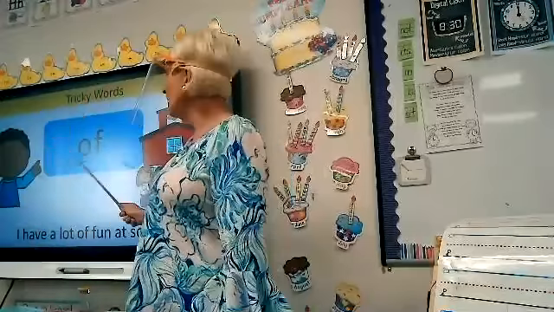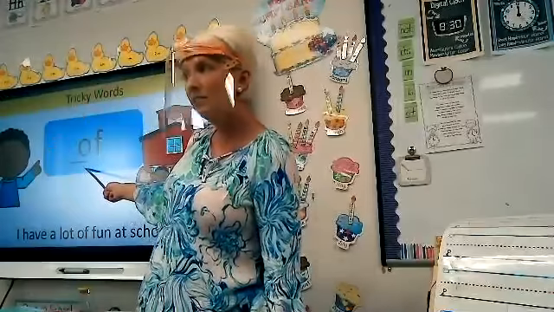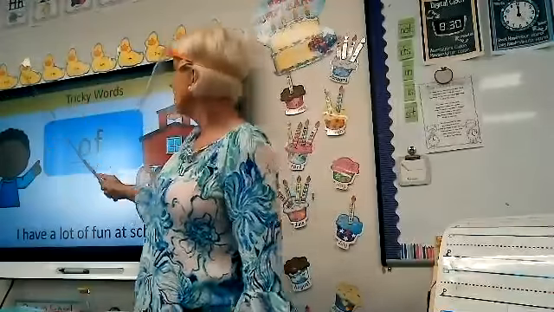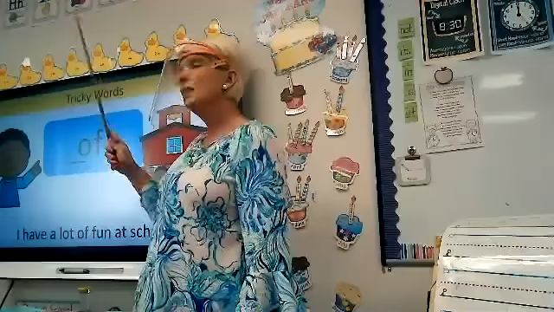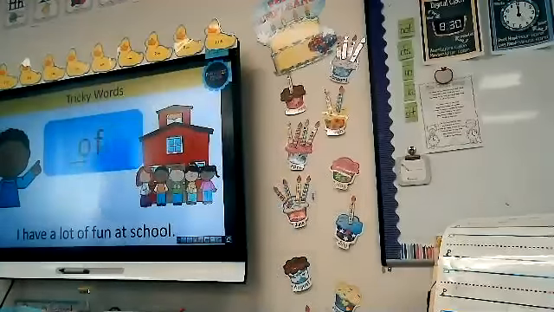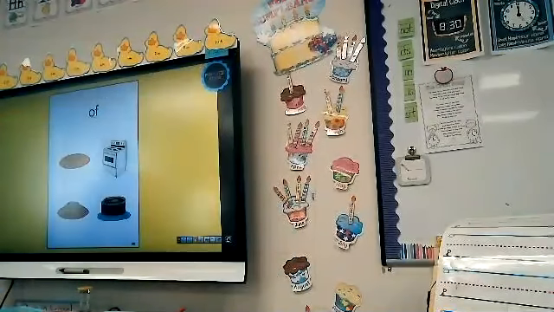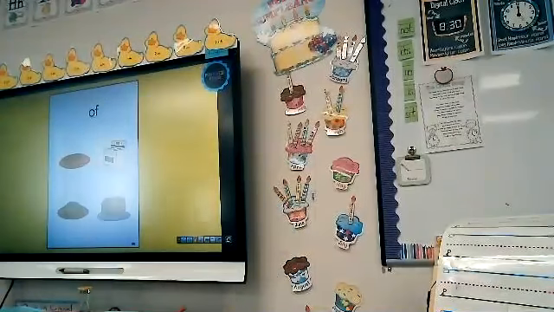Of. But we know that O does not say that, right? Yeah, that's why this is a tricky word. So what is this word? Of, good. What is this word? Of, good.